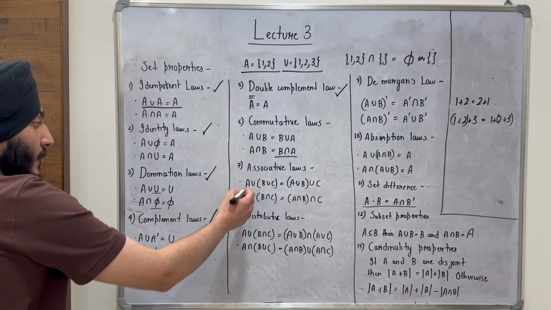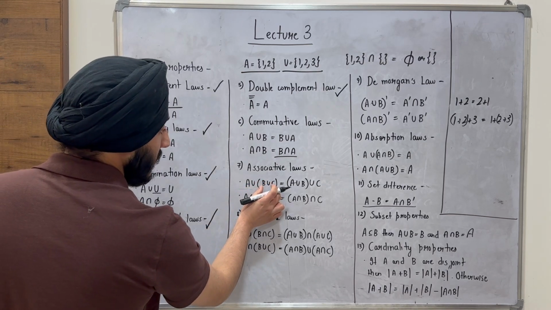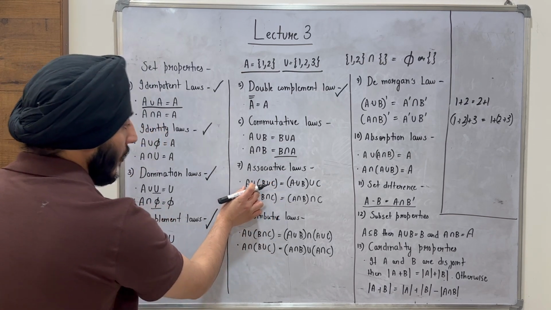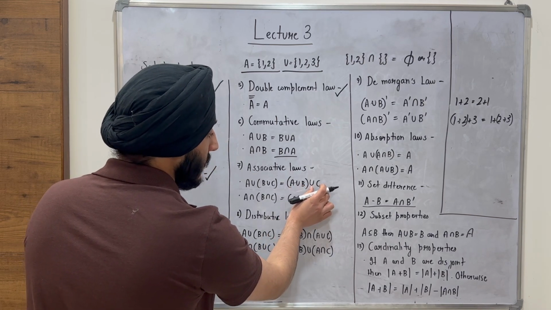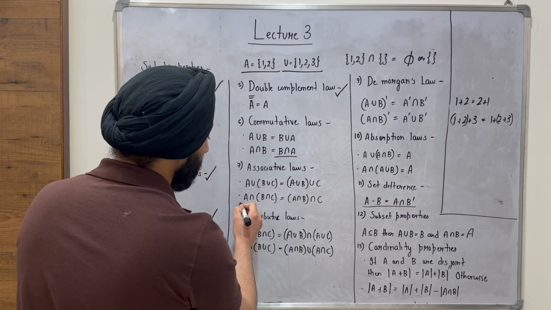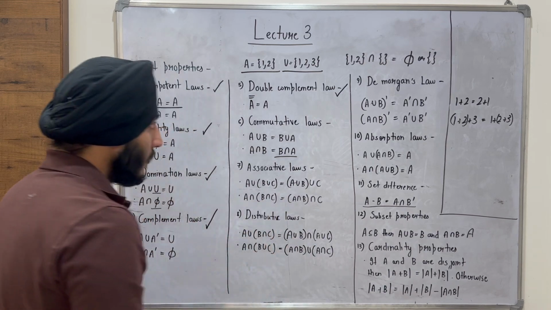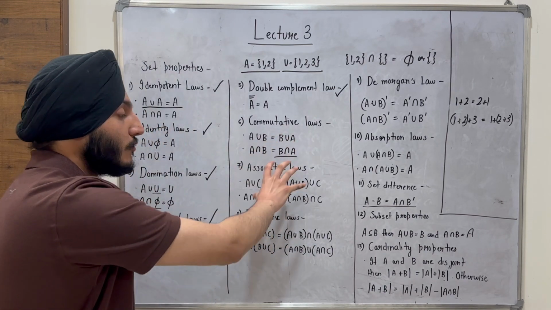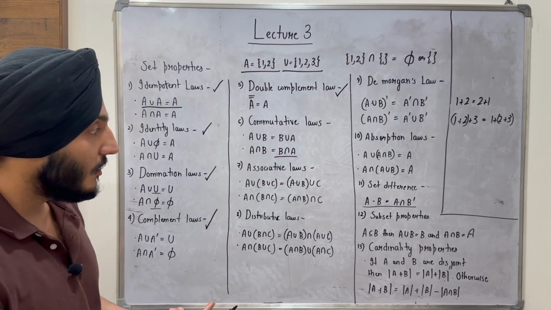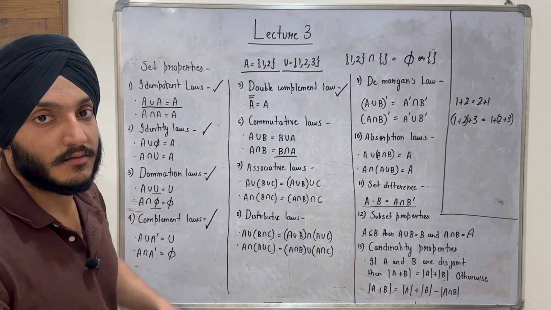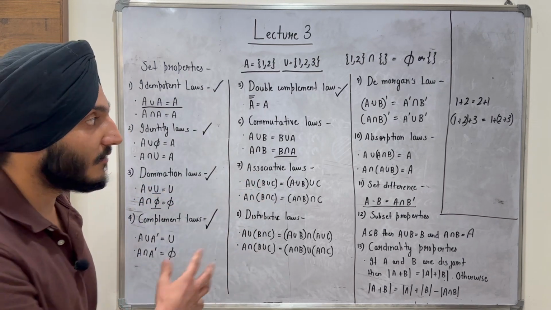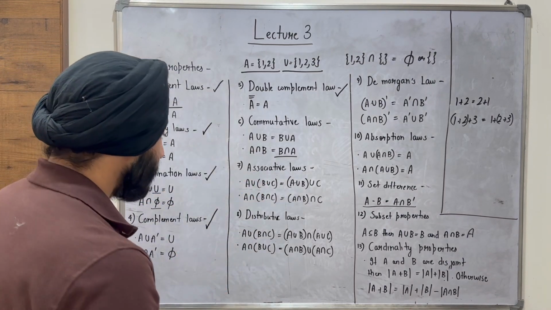I can solve B union C first and then union with A, or I can do A union B first and then do a union with C over here. And same is what this tells. So the basic point of these two laws is that both union and intersection are commutative and associative. They follow both of these properties, which we have studied in math, right?